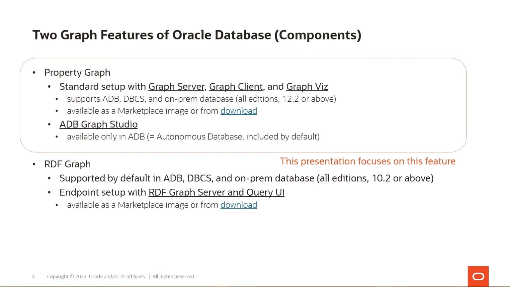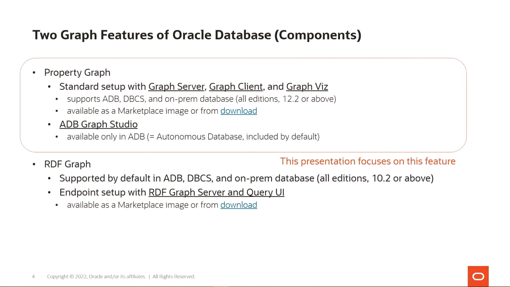Together with the Oracle database and our support for property graph, we do deliver additional tools. We are going to talk about those tools in more detail later. These can be used together with the Oracle database, and also do not require any additional licenses.